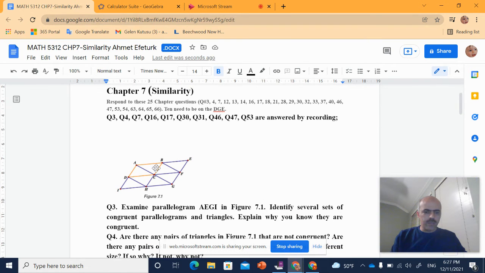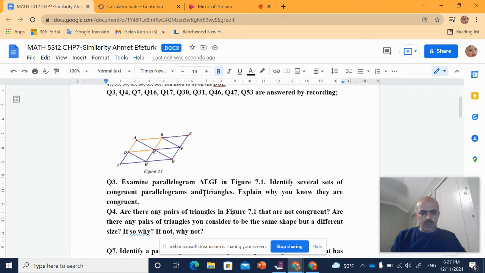It says that according to figure 7.1, we need to examine parallelogram AEGI. It is the biggest parallelogram of the given figure, and identify several sets of congruent parallelograms and also triangles. Explain why they are.